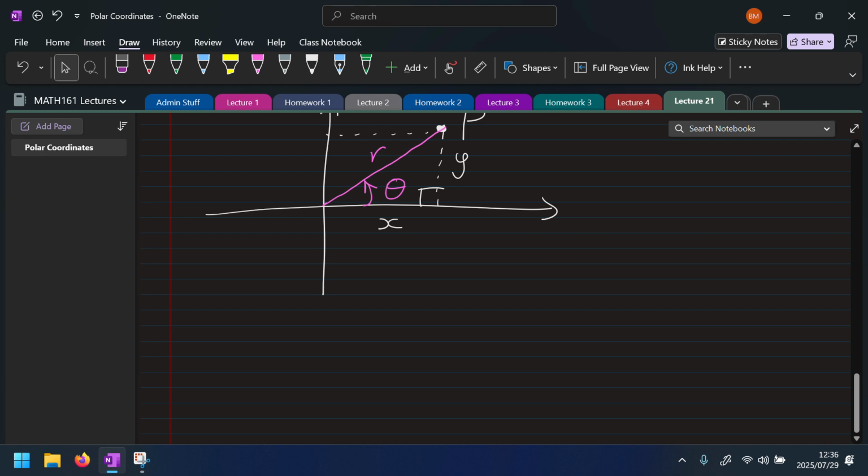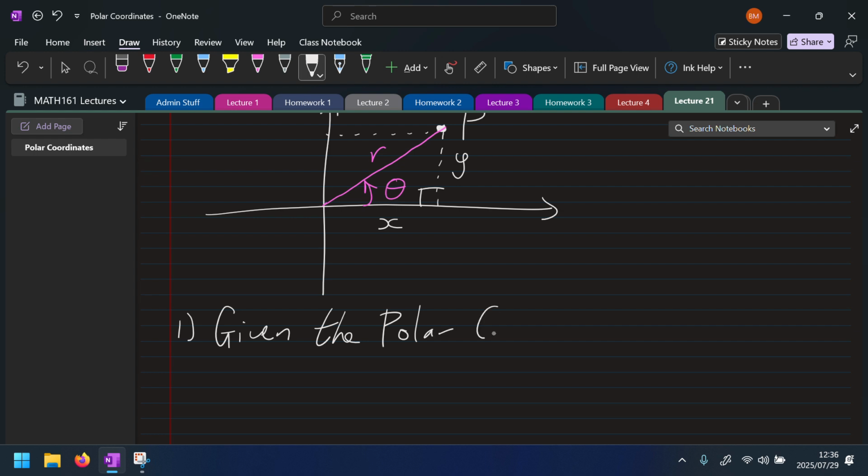Let's start off with, given the polar parts, how do we find the Cartesian parts? Number 1, given the polar coordinates, so that will be r and theta. That's given to us. We know what r and theta are. What are x and y?